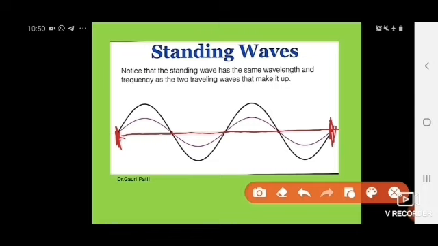What happens is, when a transverse wave travels from one end and reaches the other end, and the two ends of the string are fixed, the wave gets reflected back and travels in the opposite direction. Here, the wave travels from one end and reaches the fixed end, and when it reaches this end, the wave is reflected and comes back to the first end.